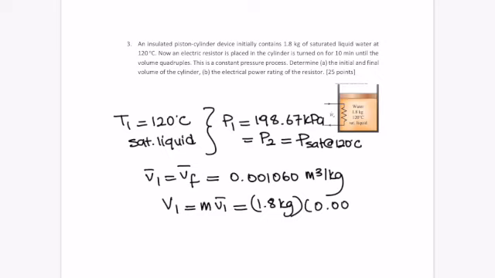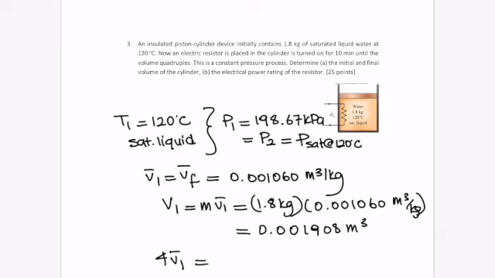Therefore it is 0.001908 meter cube. We know that 4 times the initial specific volume is going to give us the specific volume at the second state.